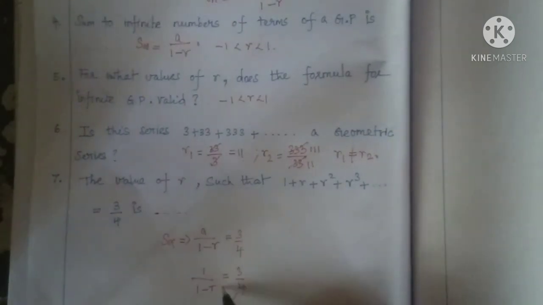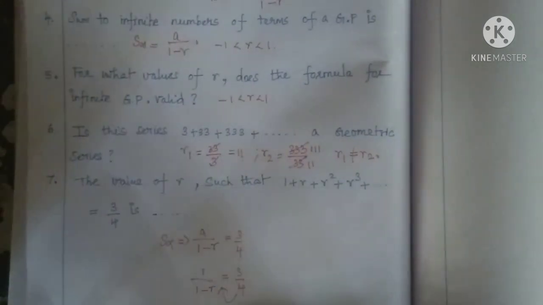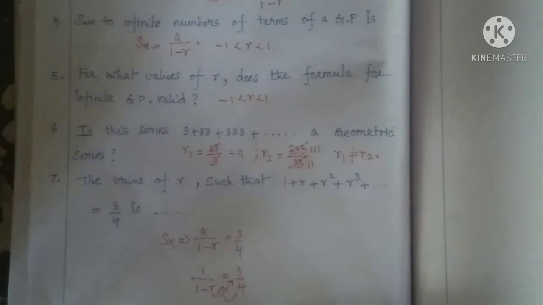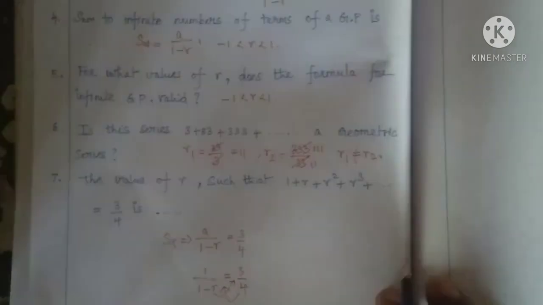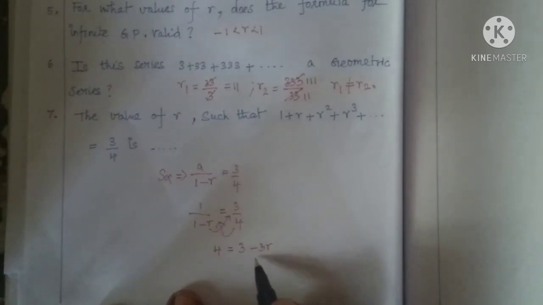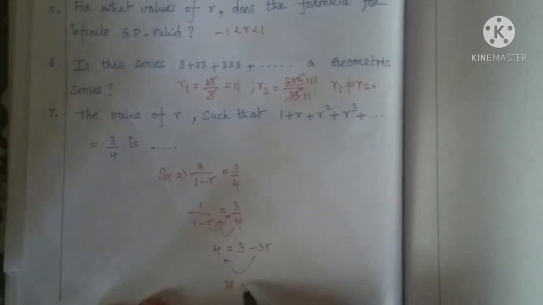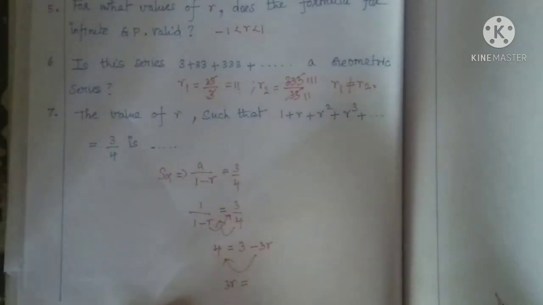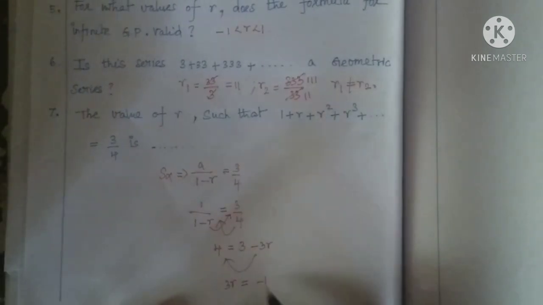Cross multiplying, 4 equals 3 minus 3r. Bringing terms across, 3r equals 3 minus 4, which gives minus 1.